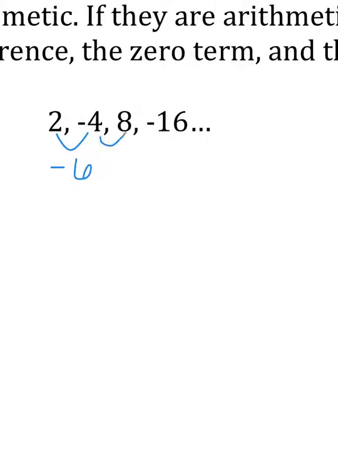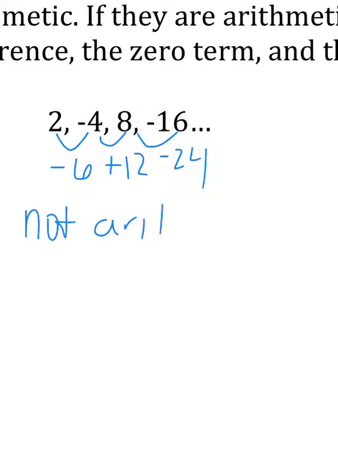From negative 4 to 8, now I'm adding 12. And then from 8 to negative 16, I'm subtracting 24. I'm not adding or subtracting by the same number every time, so this one is not arithmetic.